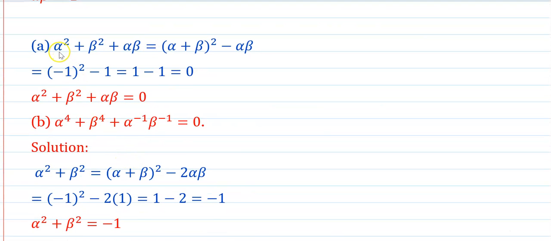We want to find out the value of alpha square plus beta square plus alpha into beta. Now alpha square plus beta square plus alpha into beta, we will express this in terms of the sum of the roots and the product of the roots. Suppose here a square plus b square and plus ab.